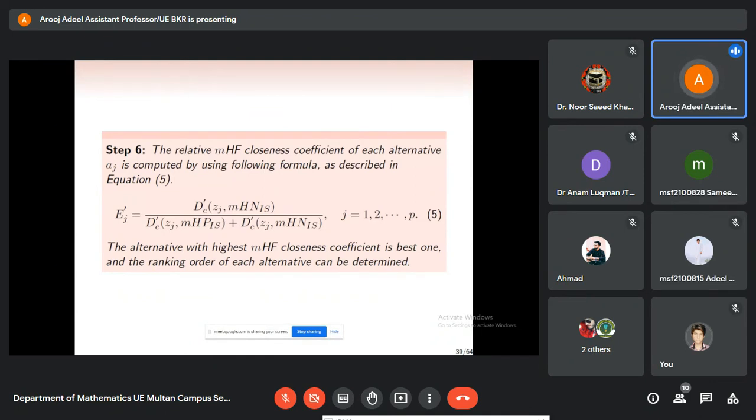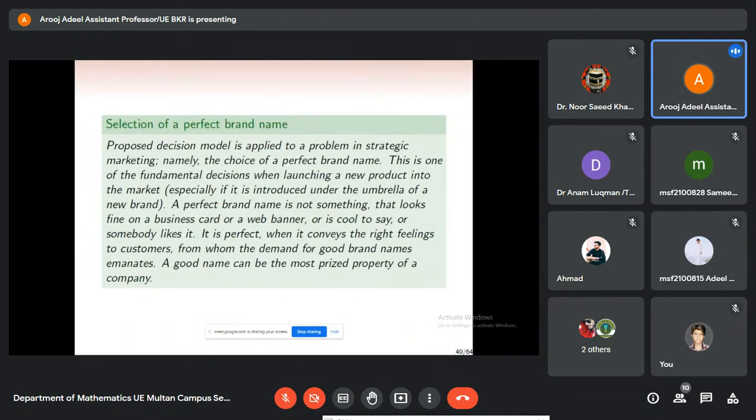Next is the example in which I have applied this proposed method, and its name is the selection of a perfect brand name. The proposed model is applied in strategic marketing, namely the choice of a perfect brand name. This is one of the fundamental decisions when launching a new product into the market.